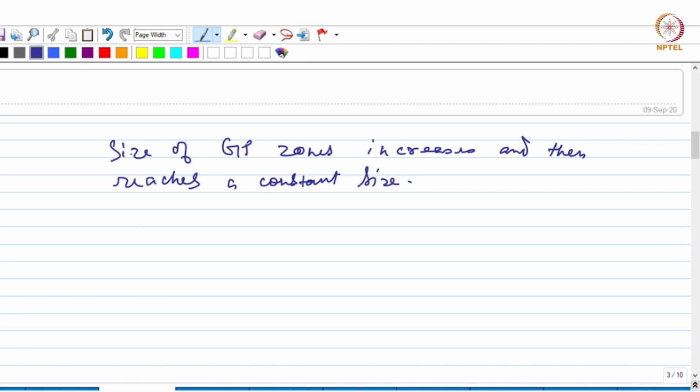For example, at room temperature it is about 3 to 7 nanometer in size, while at an elevated temperature such as 100 degrees Celsius, the size will grow to about 10 to 15 nanometers. The size does not really depend on the copper content, but the copper content will actually affect the number of GP zones rather than the size.